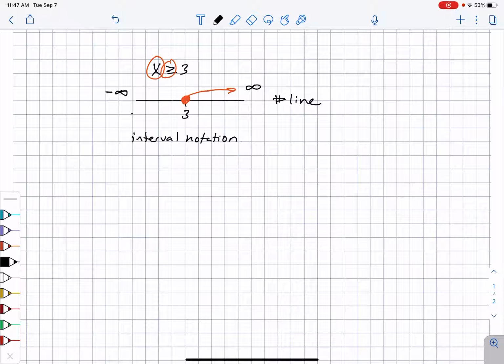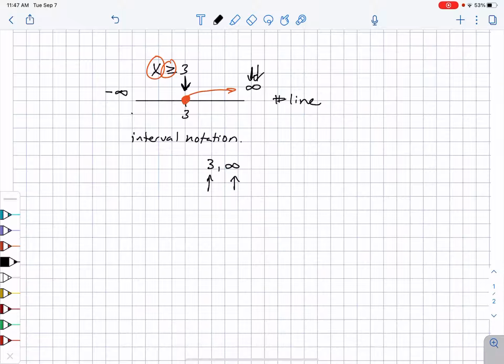Interval notation uses these two signs to help indicate which direction the arrow is going. So in this example, I'm moving between 3, that's the left-hand side, and infinity. So the way I would write my interval is 3, infinity in that order, because 3 is on the left and infinity is on the right.